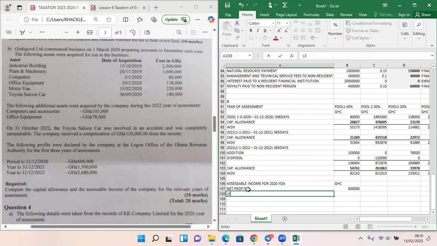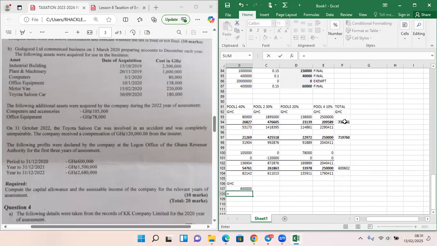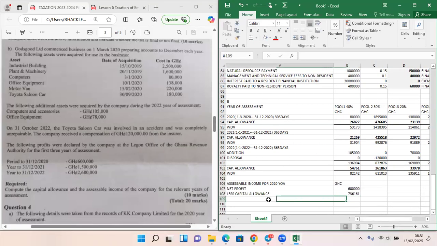Then we less capital allowance. Let's go and take the capital allowance. When we check, we'll see that we'll be making a loss.